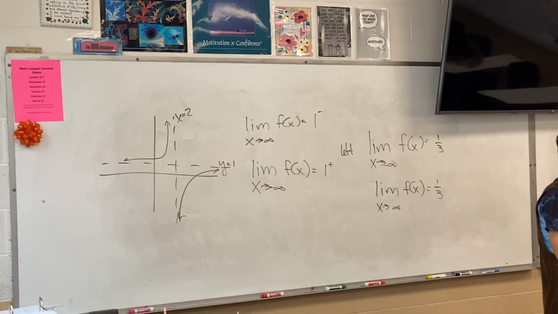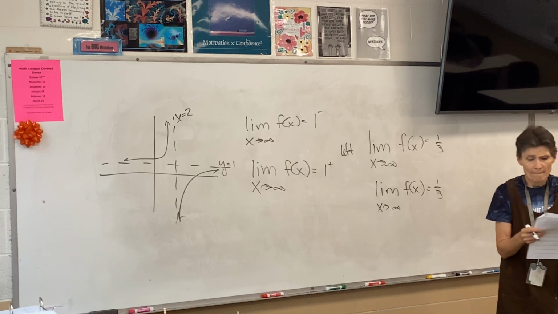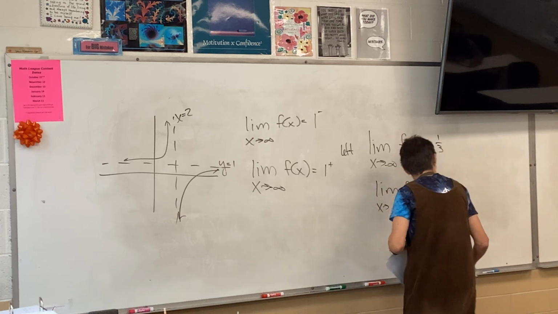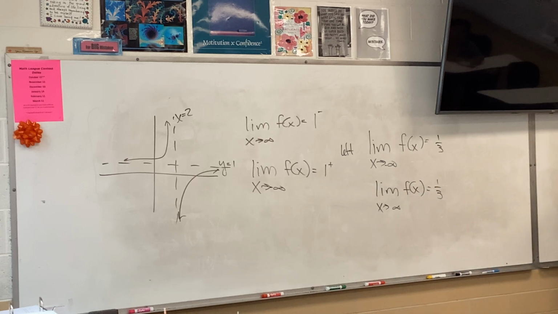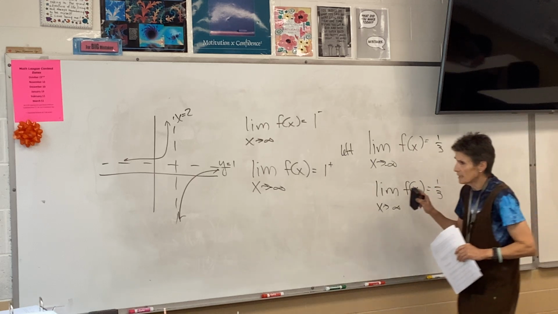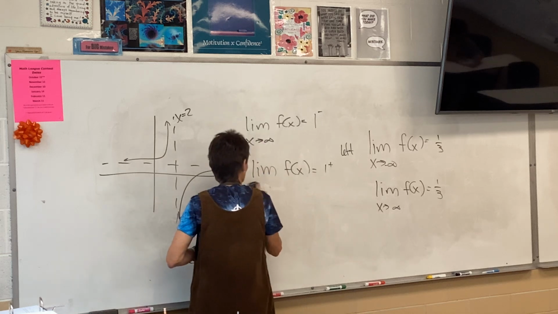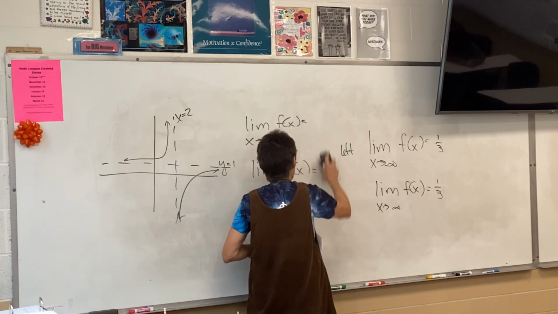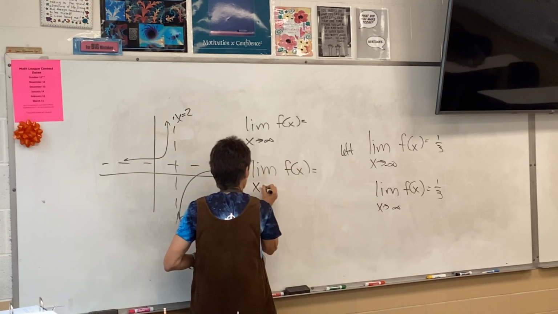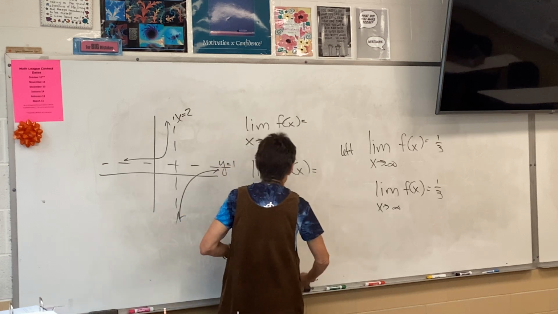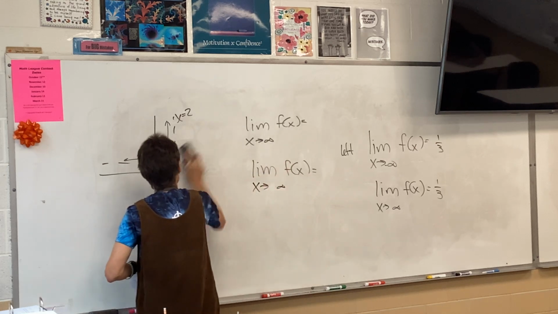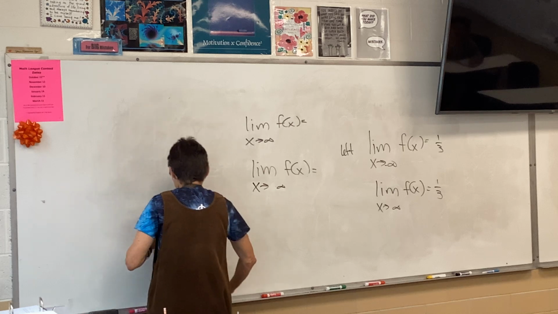Now, what about C? It's going to have a slant asymptote. Now, we haven't talked about this yet, but now is as good a time as any to talk about it.